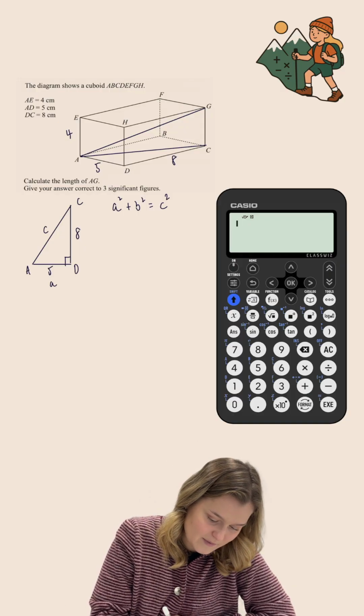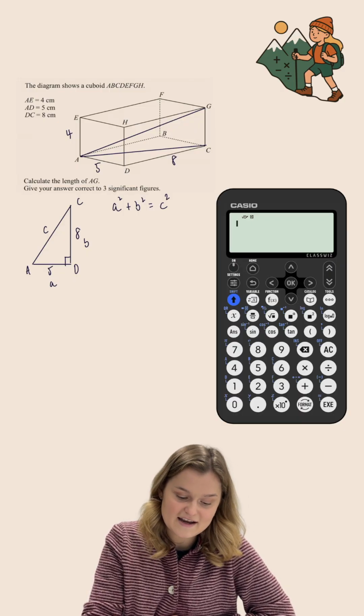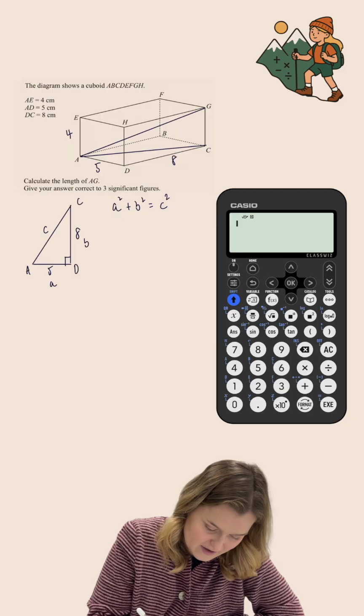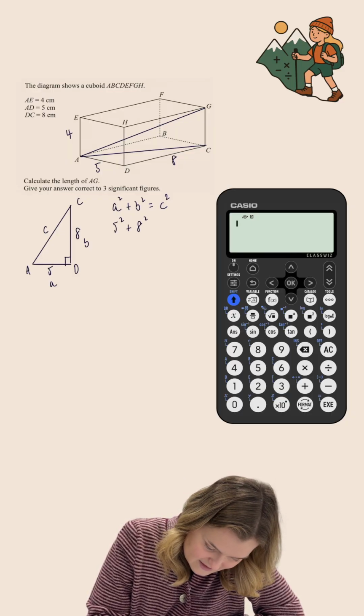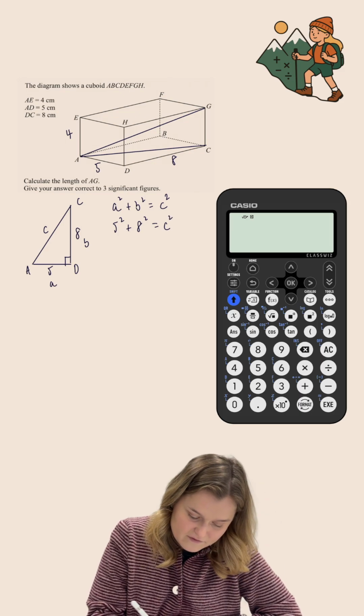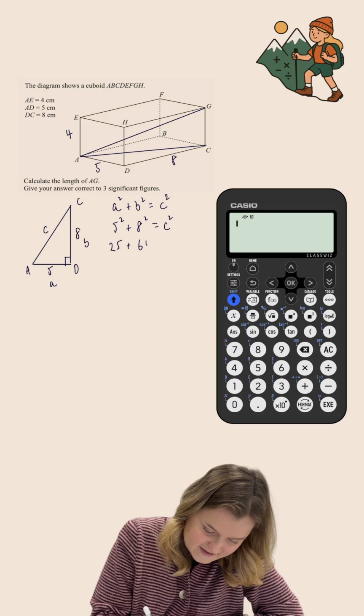A and B do not matter, so I'm just going to go with A as the 5 and B as the 8. Now I'm going to substitute those values into Pythagoras. So I've got 5 squared add 8 squared equals C squared. 5 squared is equal to 25 and 8 squared is 64.